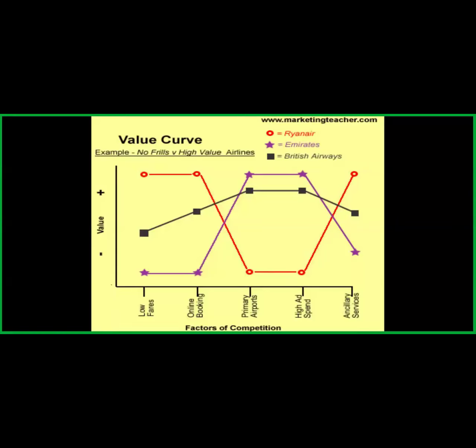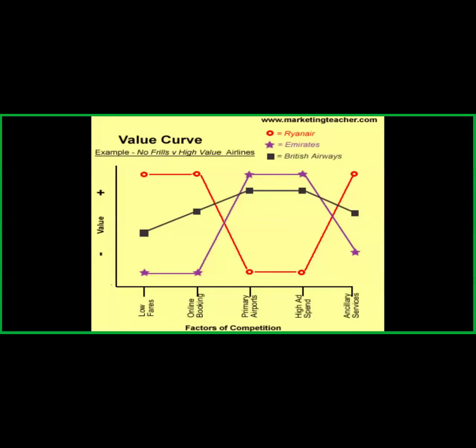On the screen you can see a value curve drawn of aviation companies. Three companies are included in the example: Ryanair, Emirates, and British Airways.